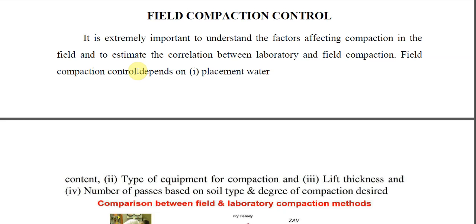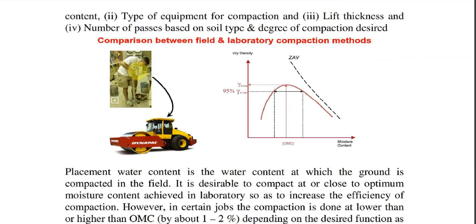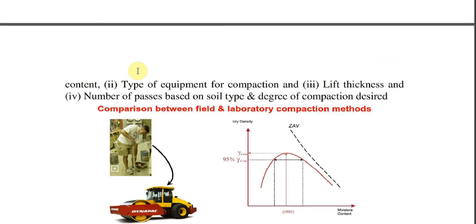If it is a light roller, then the depth of one layer can be kept less. Usually, the depth of one layer is around 15 centimeters to 30 centimeters. So that is my lift thickness. Lift thickness is the depth of one layer that is compacted.